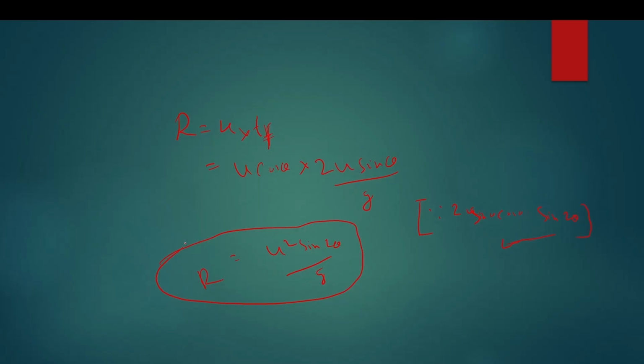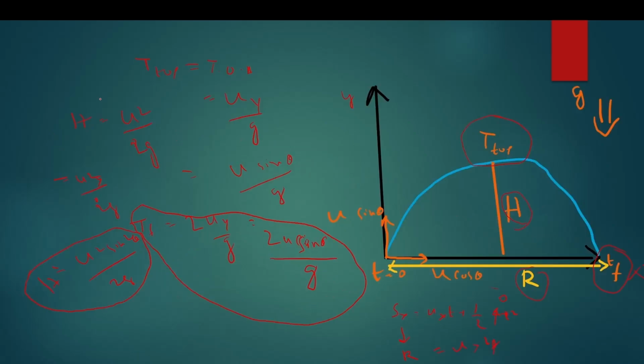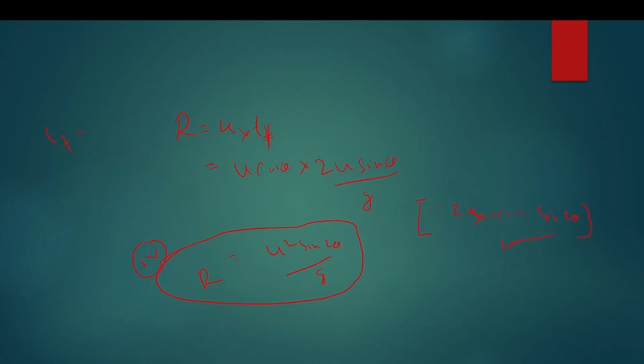And again, the fourth part is the range. Time of flight is what we found earlier, that is 2u sin theta upon g.